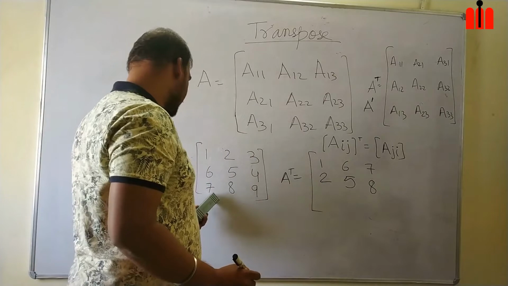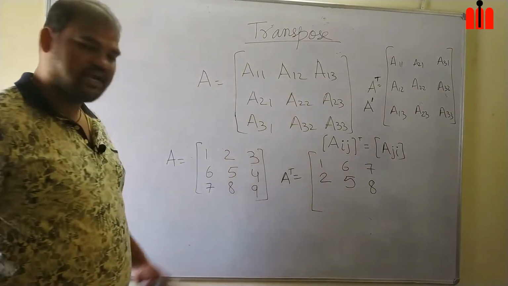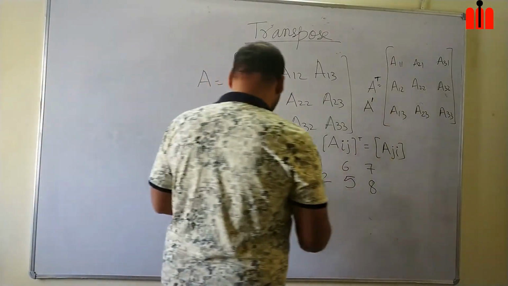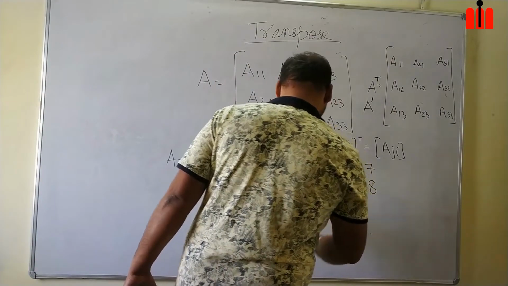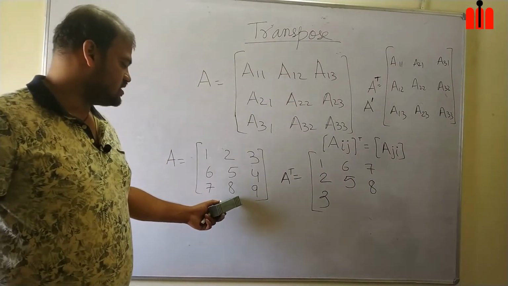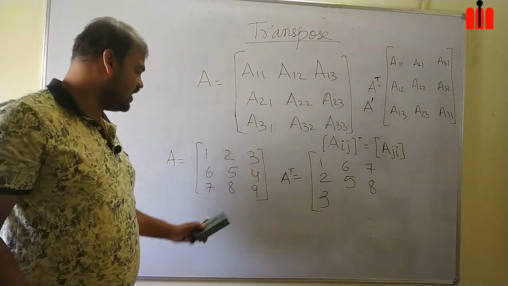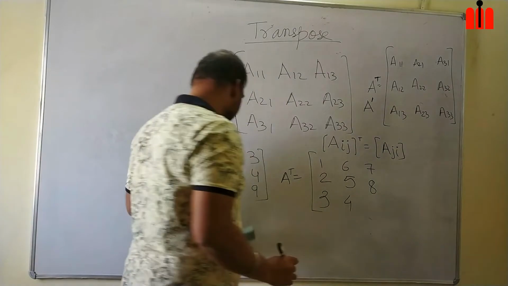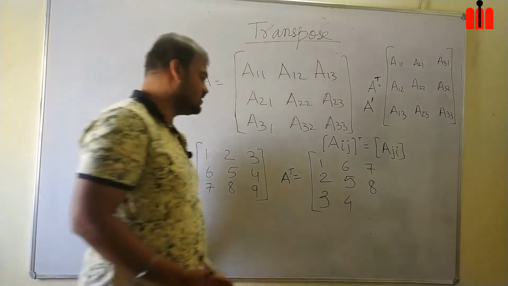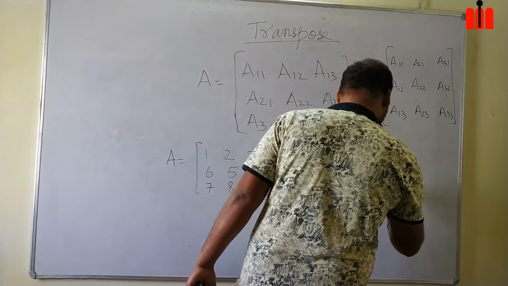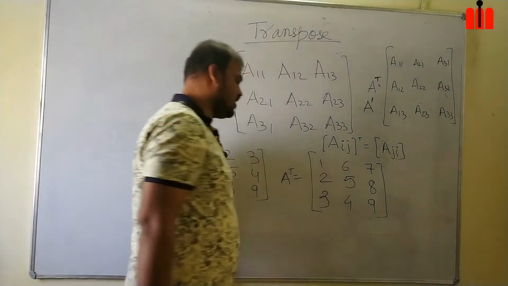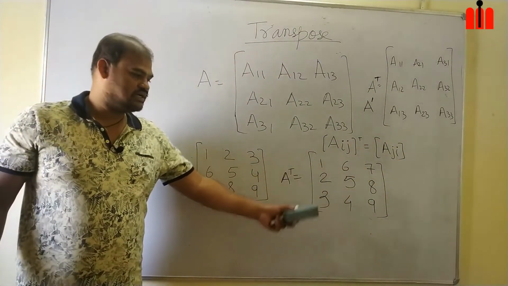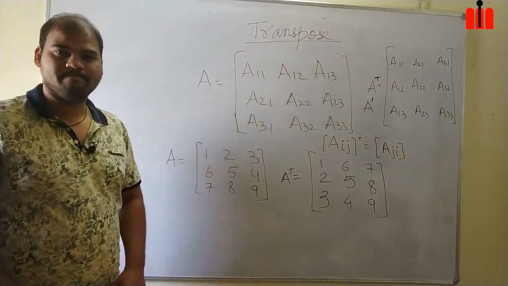Now this is A31, it will be replaced with A13, which is 3. This is A32, it will be replaced with A23, which is 4. And this is A33, which is unaffected because it is a diagonal element. So this will be the transpose of the matrix A.